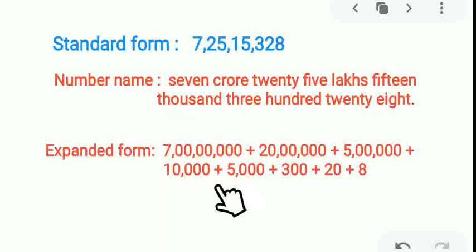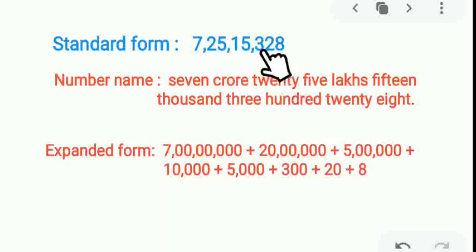I will tell you one trick to expand the number easily. Here the first digit is 7, write 7 there. Then to the right of the 7, how many digits are there? 1, 2, 3, 4, 5, 6, 7. Put 7 zeros. After that plus the next digit 2. Write 2 here. How many digits are to the right of 2? 1, 2, 3, 4, 5, 6. 6 zeros. Plus 5.